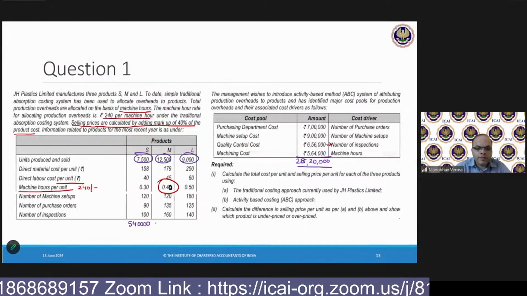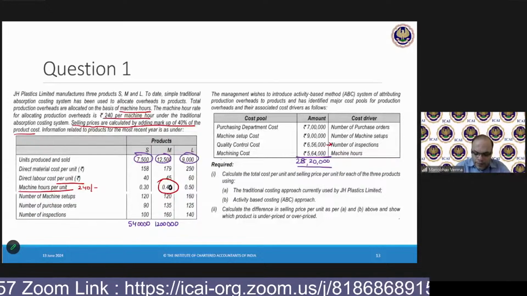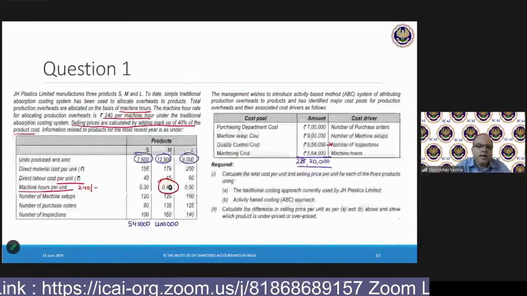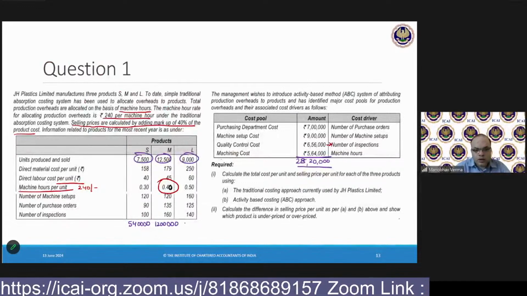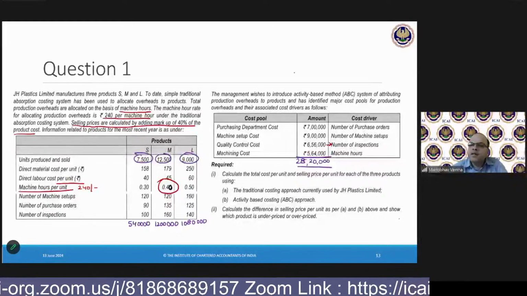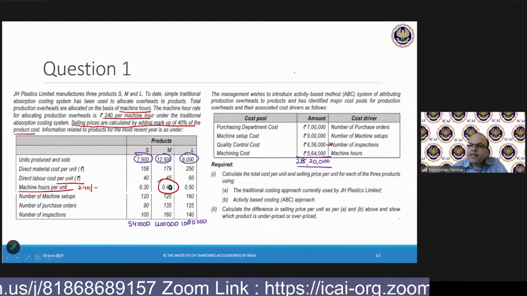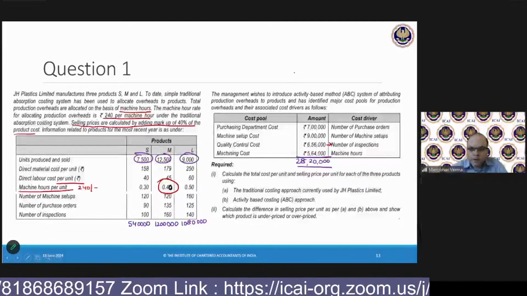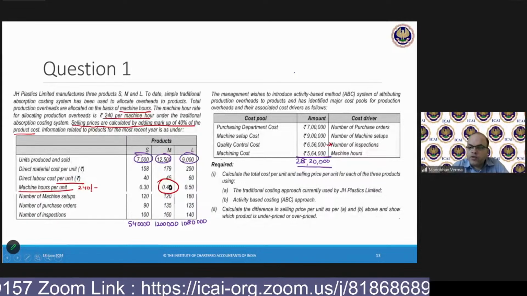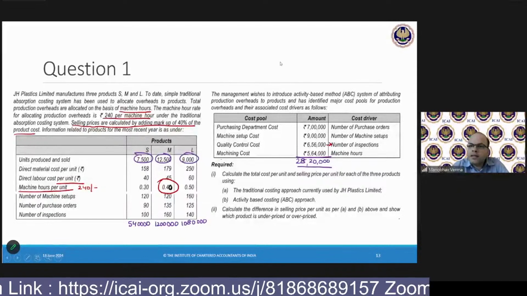So we're getting 12 lakhs here. And for product L, we are getting 120 into 9,000. So 10 lakh 80,000. So this is the overhead we already considered. The total overhead comes out to be 28 lakh 20,000. I hope that is clear with everyone, so that we are not missing it. We are considering the same information for both the aspects.